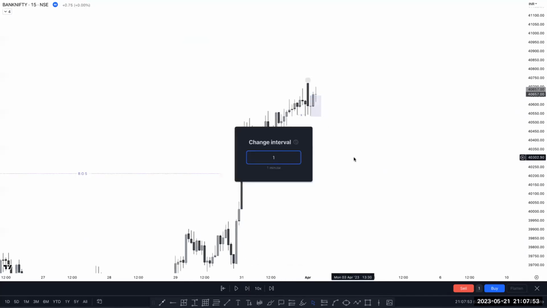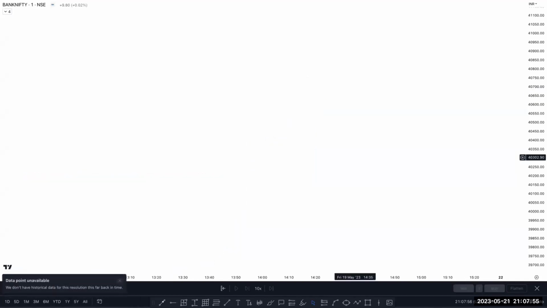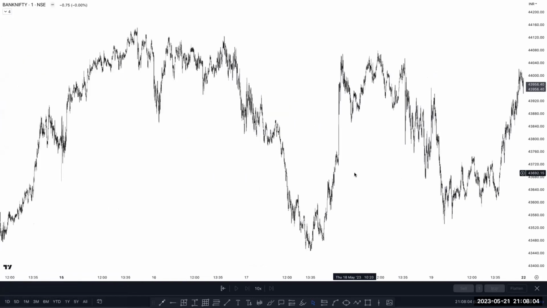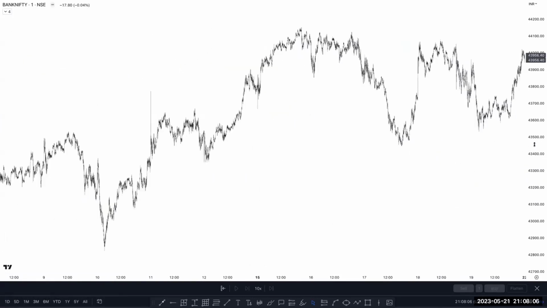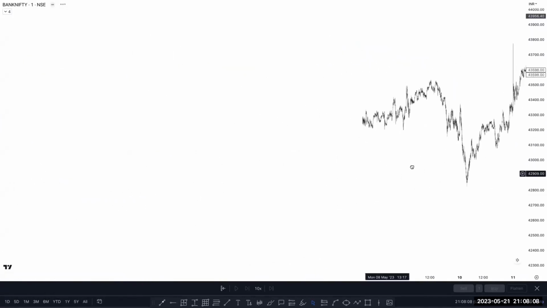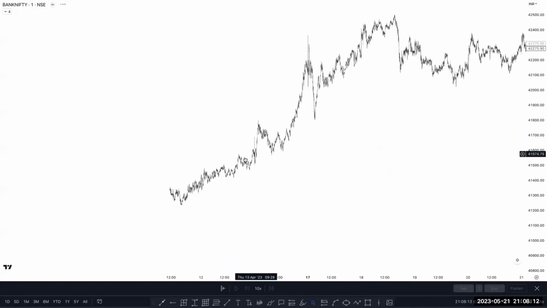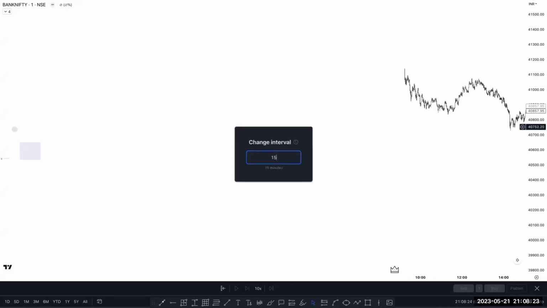And now you can switch here to the 1 minute time frame. Oh, I think data is not available. Okay, so data is basically available at this point. Okay, it's okay.